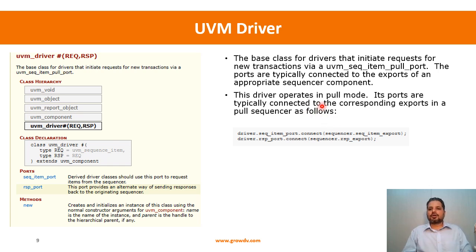Then the point to note is the driver operates in the pull mode. We have already looked at it. Its ports are typically connected to the corresponding exports in the pull sequencer. These are the connections that you make in the agent for both the ports within the driver. I just wanted you to see that we have these two new ports on top of what's already present in the UVM component within the UVM driver.